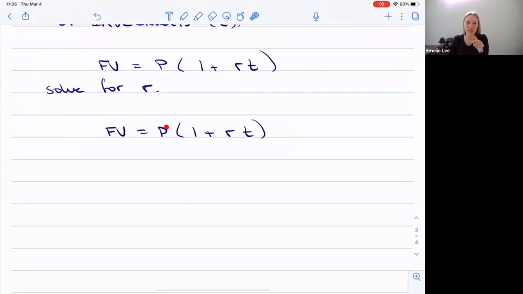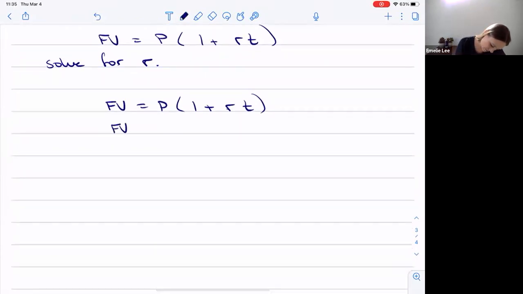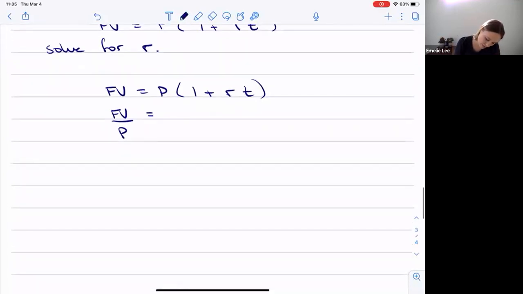Well, the first thing I need to do is move this P over to the left-hand side because it's multiplying and it's holding those brackets together, right? And so I need to divide both sides by P. So this becomes the future value over P. And now that I've moved this P, I don't need these brackets anymore because they're not holding anything together. So now I have 1 plus R times T.